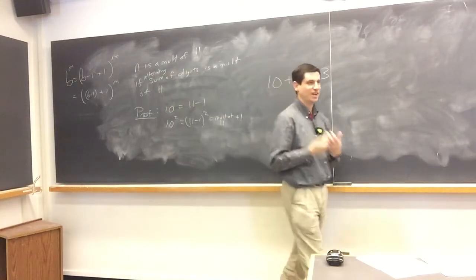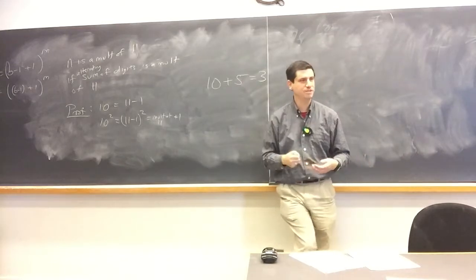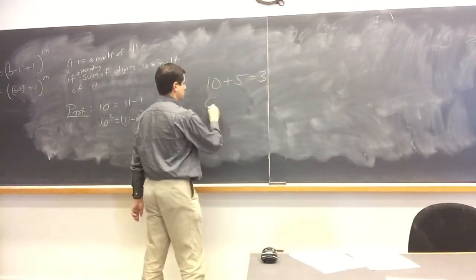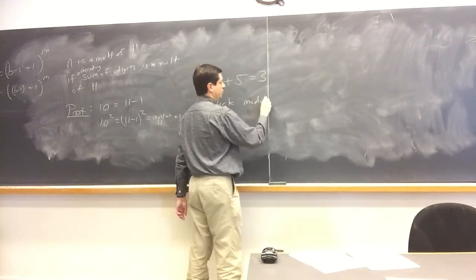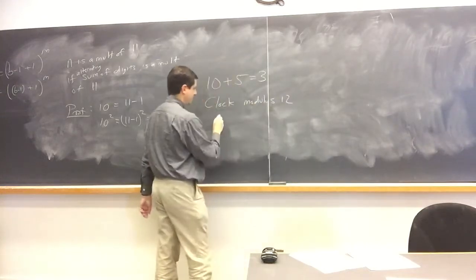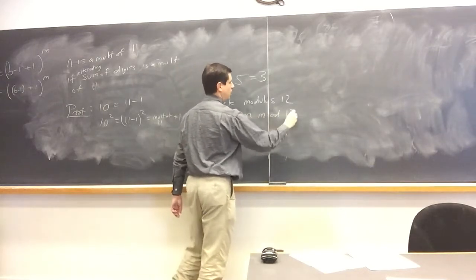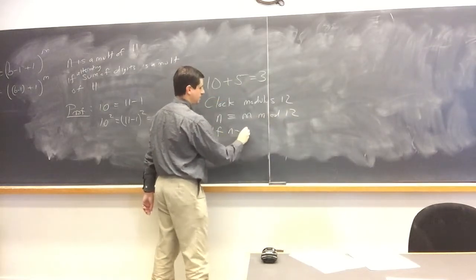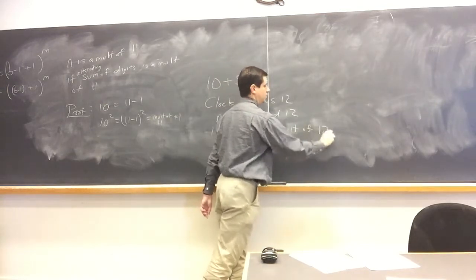We love to start counting with 0. We don't want to start counting with 1 and have 12 and reset. So the clock arithmetic, modulus 12, means that n is congruent to m mod 12 if n minus m is a multiple of 12.